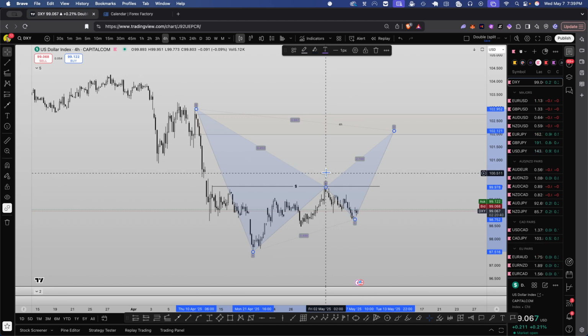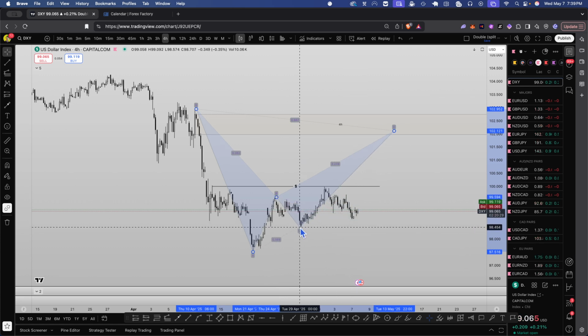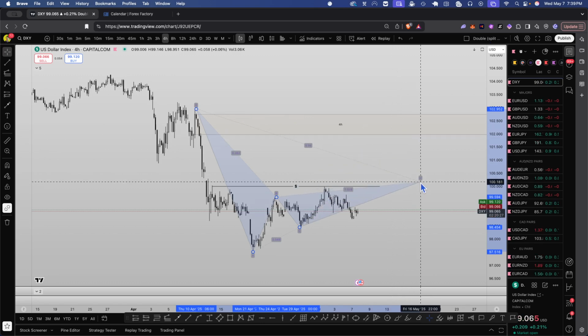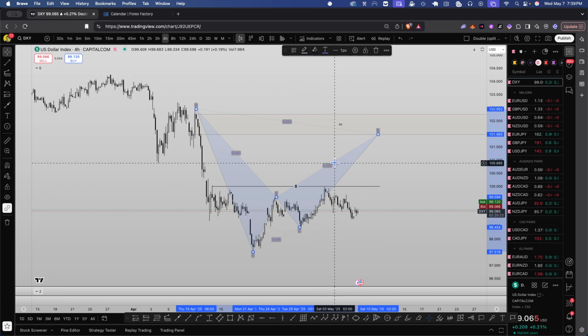So something like this is definitely possible in terms of what the market could give us. In fact, I apologize, this was actually the low, so it will be something like this for a very ugly harmonic, but still harmonic nevertheless, until we obviously break structure.